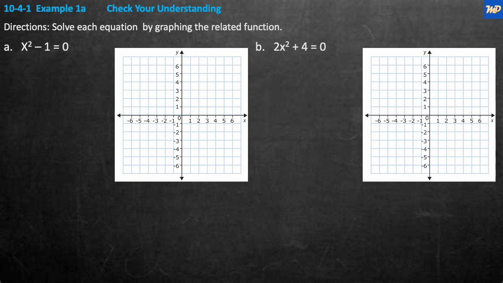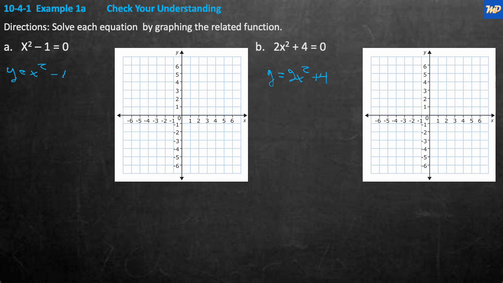Okay, now that you've had time, first of all, what is the related function that we're talking about here? I think what they keep talking about here is y equals x squared minus 1. And over here for b, it's going to be y equals 2x squared plus 4. So if we're going to solve this, there's no b term in either of these.